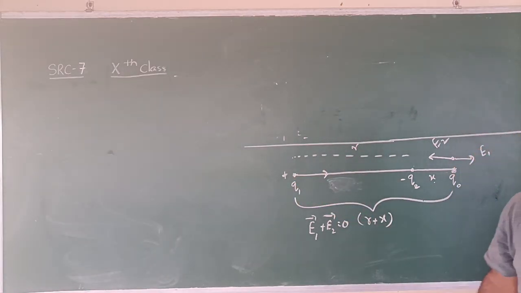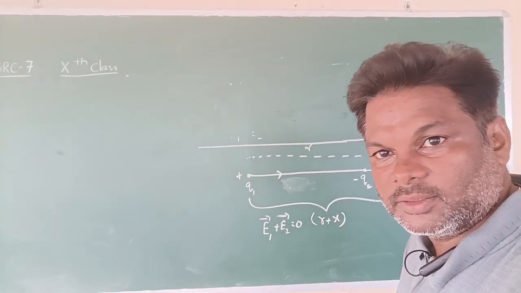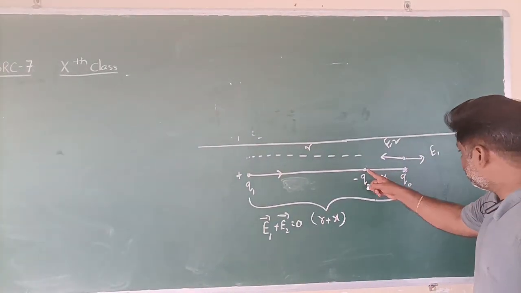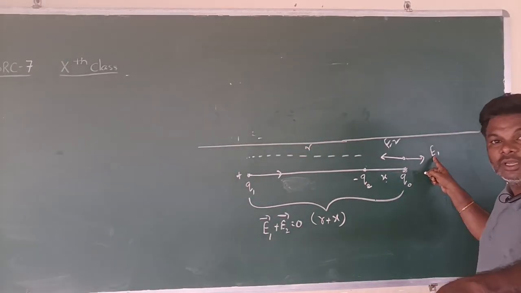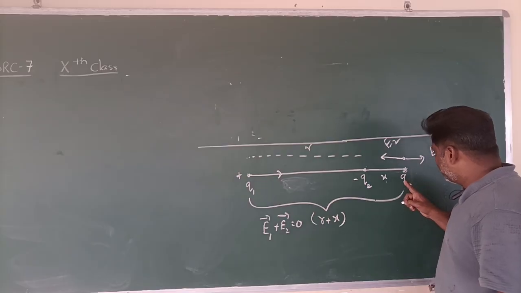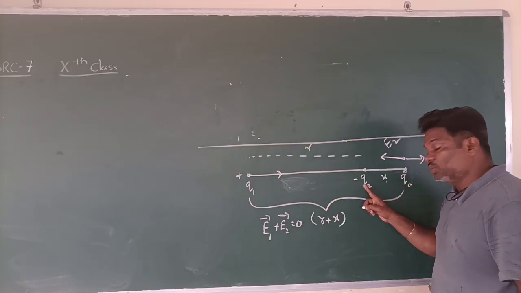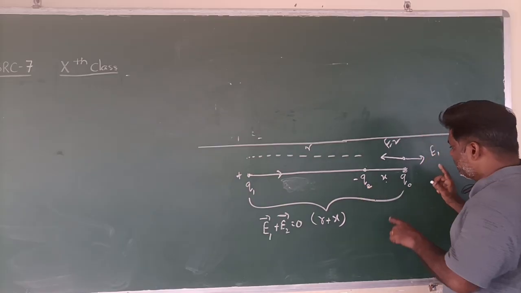These two are repelled by one another. So the repulsive force is acting towards the right side. Electric field intensity E1 is also along the same direction as the force. And this Q naught is a positive charge. This is Q2, which is a negative charge. Observe here.